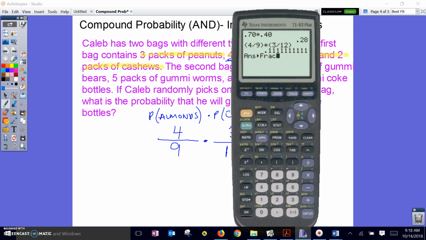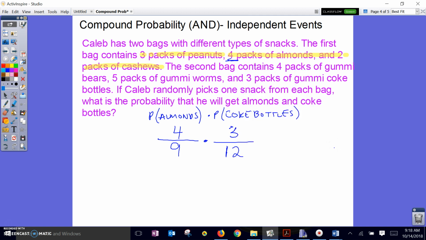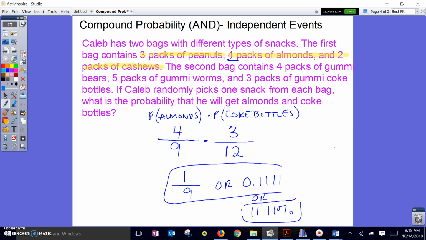If I change that over to a fraction, it's 1/9. So our probability is 1/9, or if you like decimals better, 0.1111, or as a percentage, 11.11%. So any of those would be fine answers for my probabilities there. I would probably prefer a fraction in this context, but it doesn't much matter.